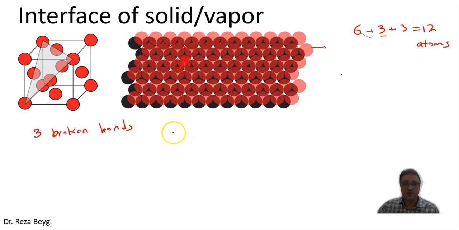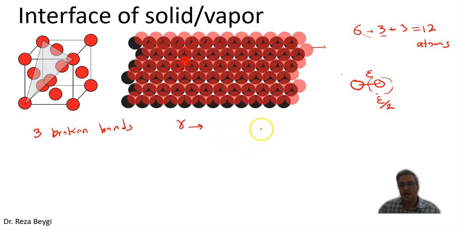If we want to calculate the surface energy of this plane when it is set as the free surface of the crystal, we should know the bond energy of each atom. So if we have the bond energy of each atom equal to epsilon, the share of each atom from this bond would be equal to epsilon divided by 2.